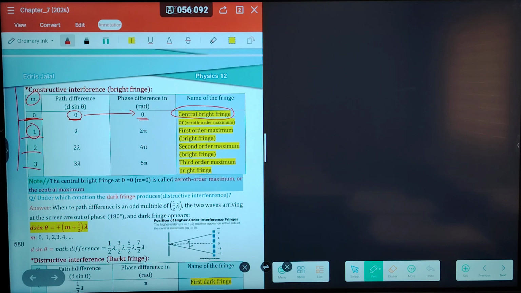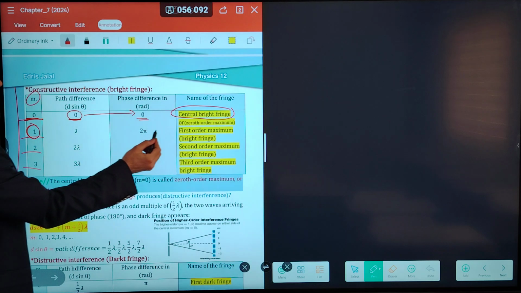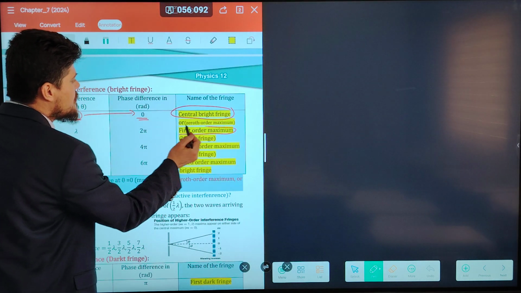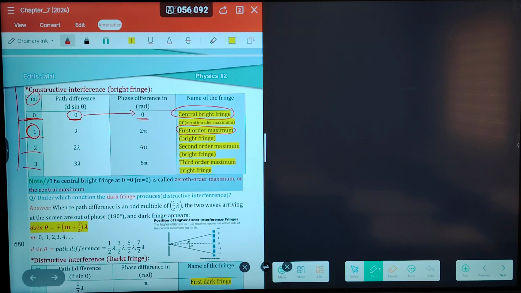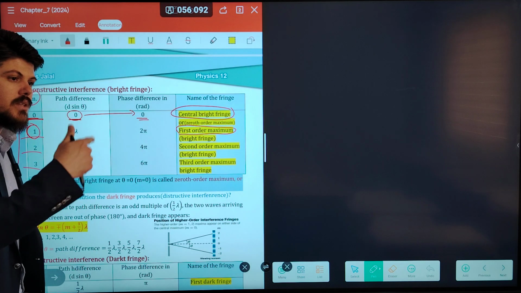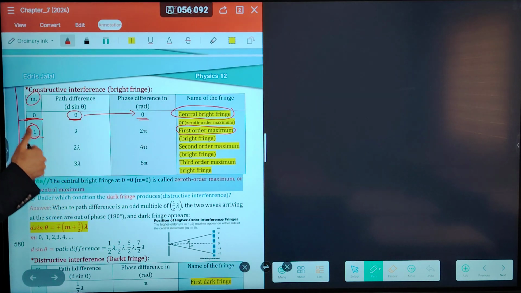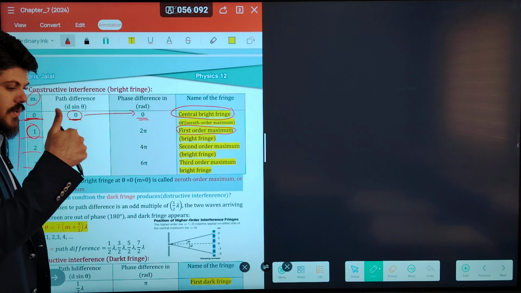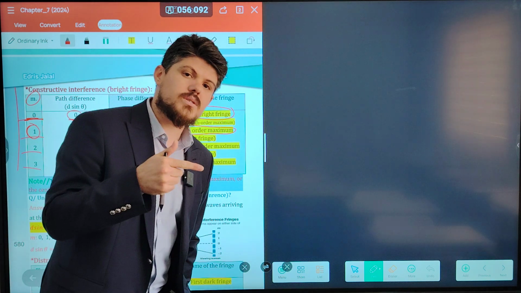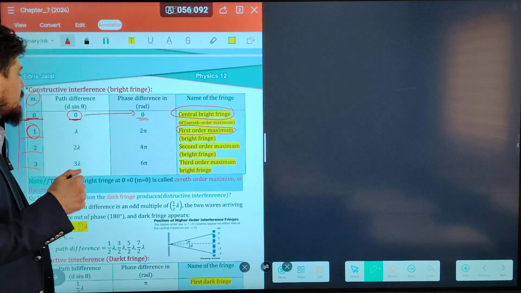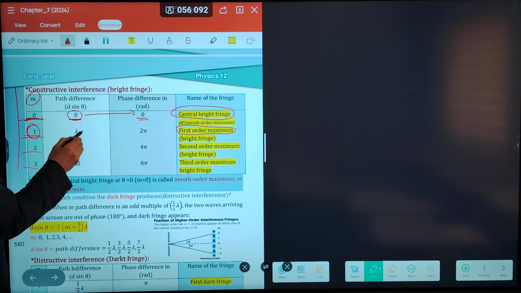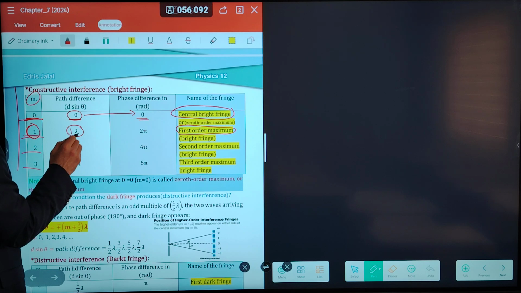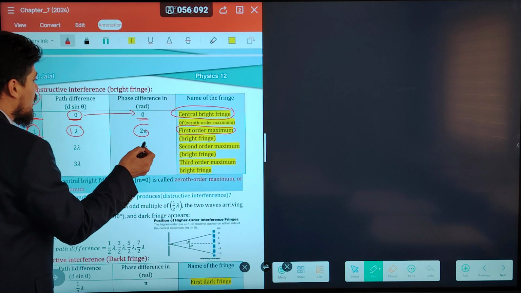Okay, for M1, what do you mean by M1? M1, first order maximum, first order fringe, first bright fringe. It has several names. When M is equal to 1, path difference is equal to what? 1 wavelength. Phase difference, 2 pi.